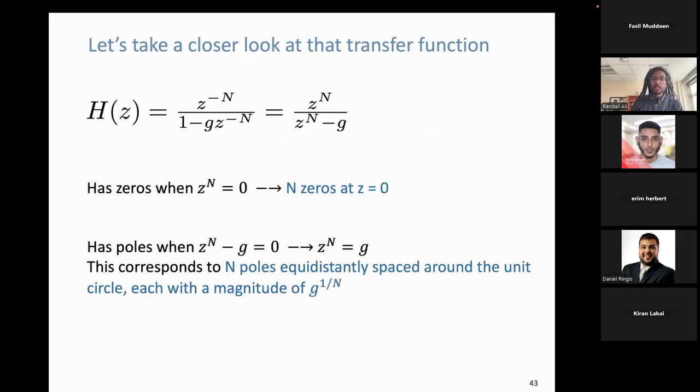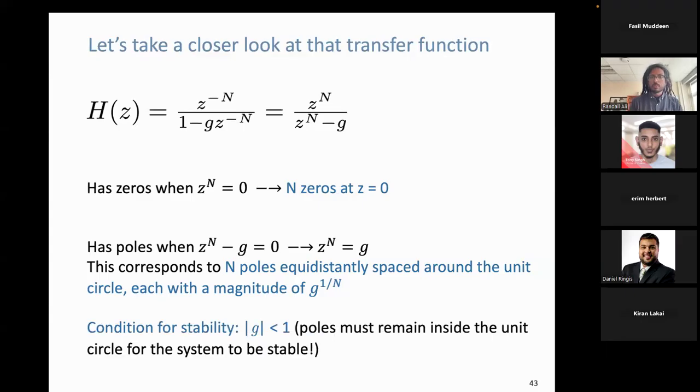And the denominator has poles, because the poles are the values of z for when the denominator is equal to 0. So I have z to the power of N minus g is equal to 0. So z to the power of N is equal to g. And what this corresponds to is N poles that are equidistantly spaced around the unit circle. And each of those poles actually has a magnitude of g to the power of 1 over capital N here.